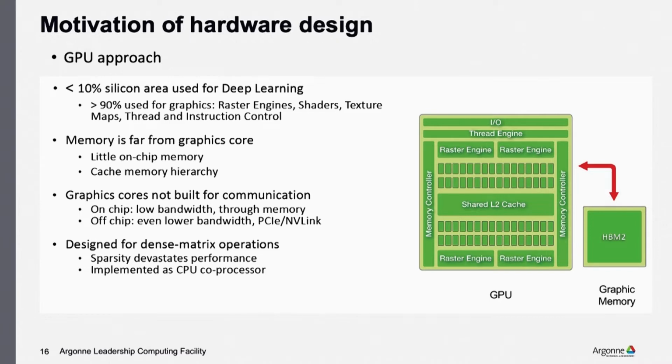This is the microarchitecture of the GPU. As you can see, it has a very small L1 cache and shared memory, and it also has multiple layers of memory hierarchy. So it takes a long time to access the data, the bandwidth of on-chip memory is pretty low, and the off-chip memory is much lower.